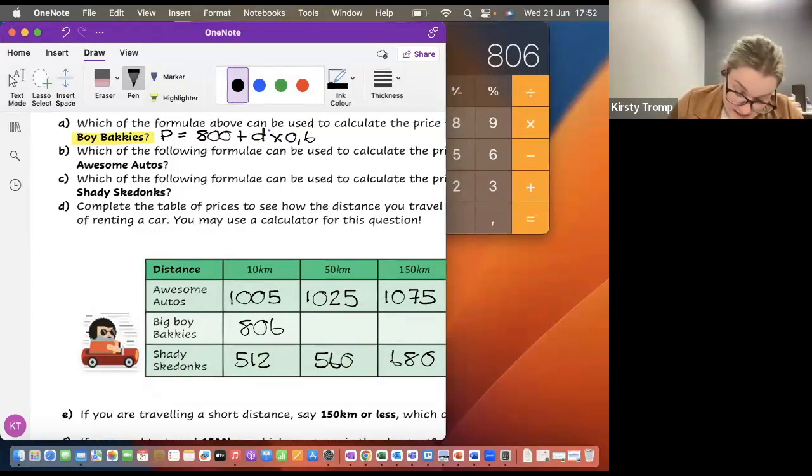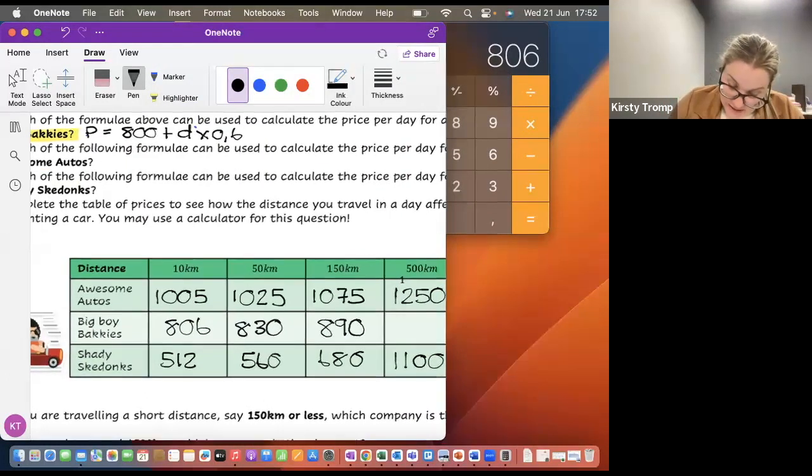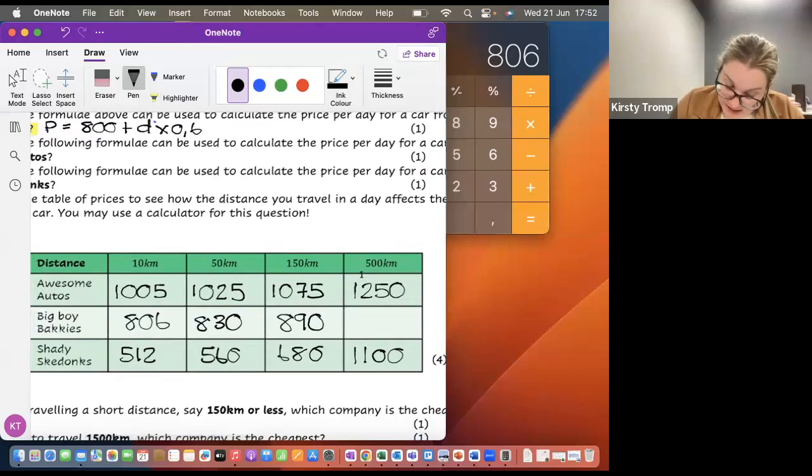And 30 plus 800 gives me 830. And then 150 times 0.6 gives me 90. And 90 plus 800 gives me 890. And then 500 times 0.6 gives me 300. And 300 plus 800 gives me 1,100.